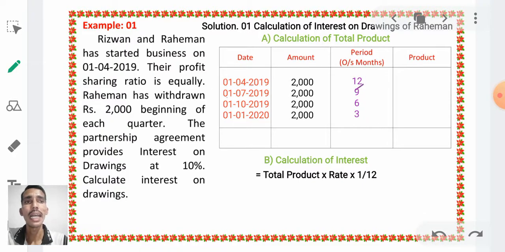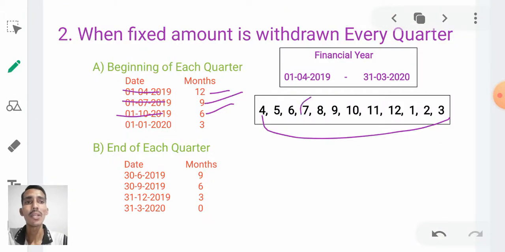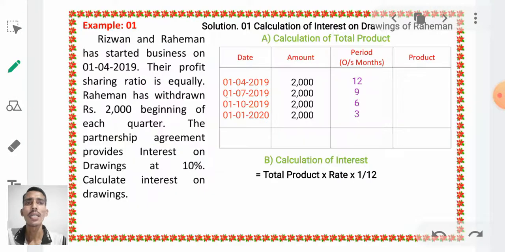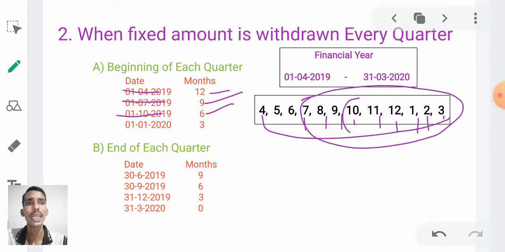Next, 9 months. How does it come to 9 months? From the 7th month, July. If we calculate from July to the end of the year, there will be 9 months. You may calculate 1 2 3 4 5 6 7 8 9. Consider 6 months: he has withdrawn the amount in the 10th month, so you have to calculate from here 10 11 12 1 2 3, 6 months.